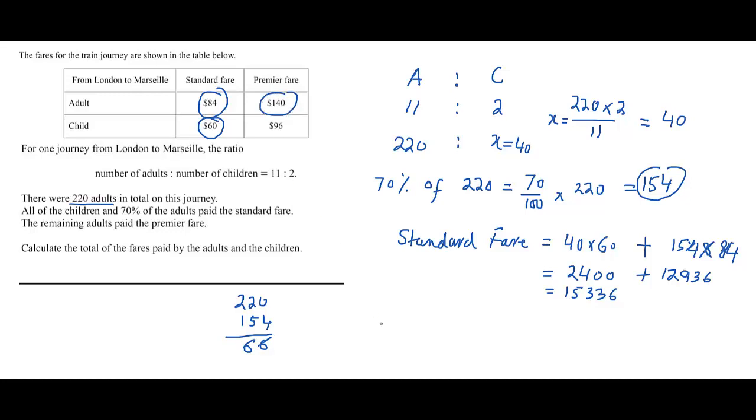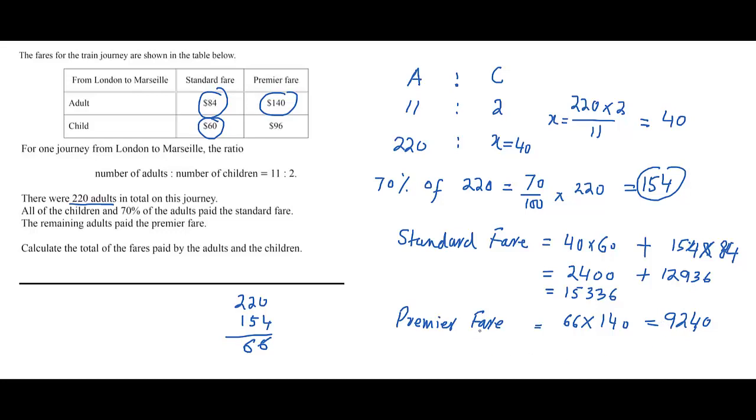So the total premier fare is 66 adults paid the premier, which is $140. So 9,240 is the total premier fare.